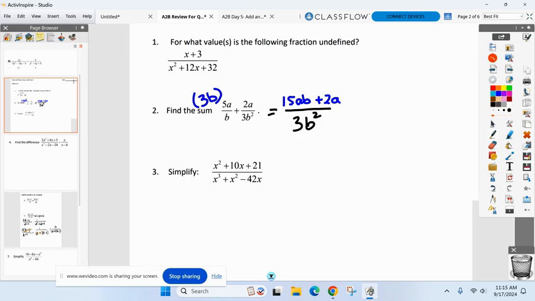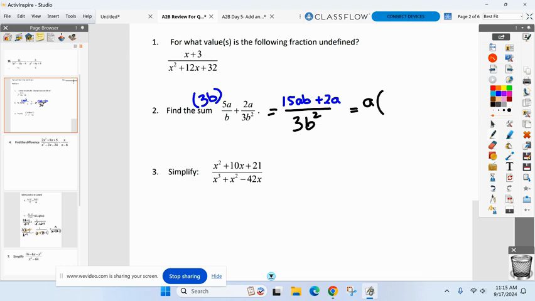Anything else? That's it. Sure. Greatest common factor. What do you see in both sides here? Can't take a 2 out, it won't go into 15, but I could take out an A. Yep, take out an A. Simplify it if you can.